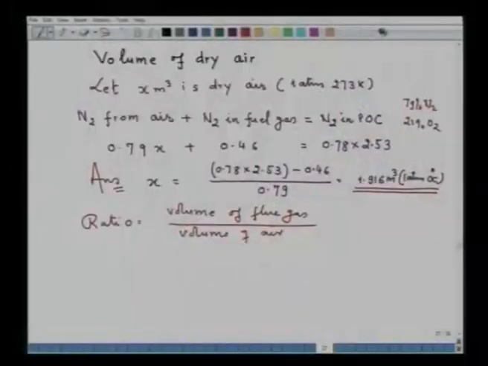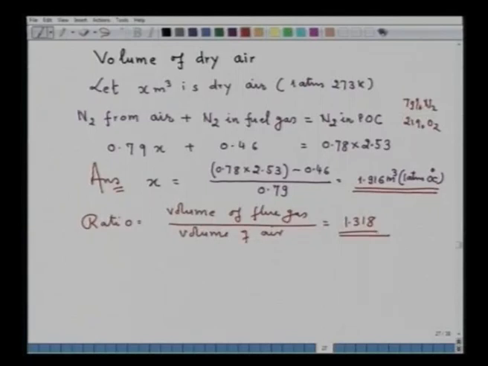From the solution of the problem you should also analyze it and get some feel about the ratios of different inputs and outputs. Of course, in this particular case the ratio would also depend upon the composition of fuel gas, but here the ratio is equal to 1.318. It is just information which may help in some cases.